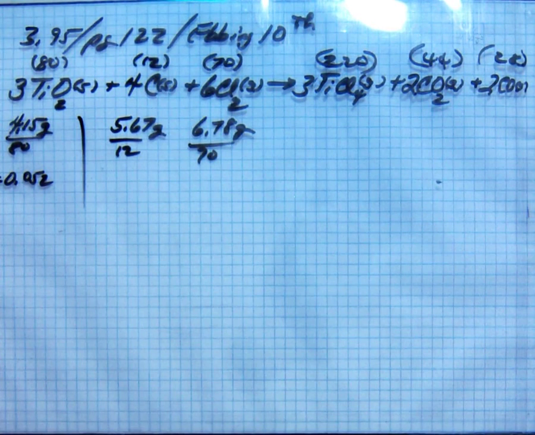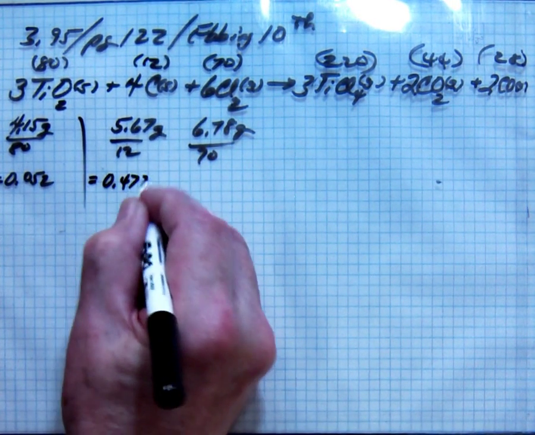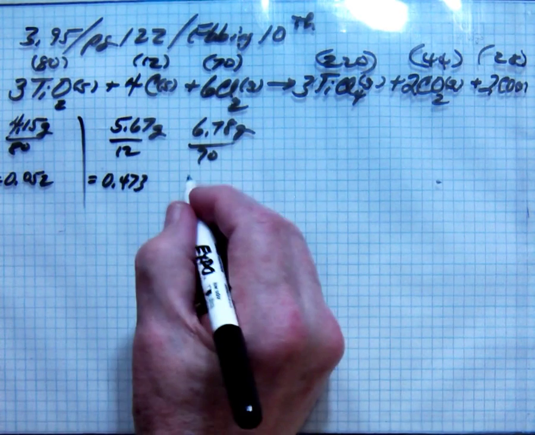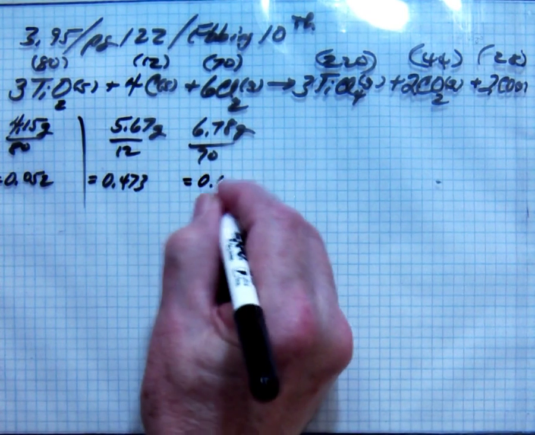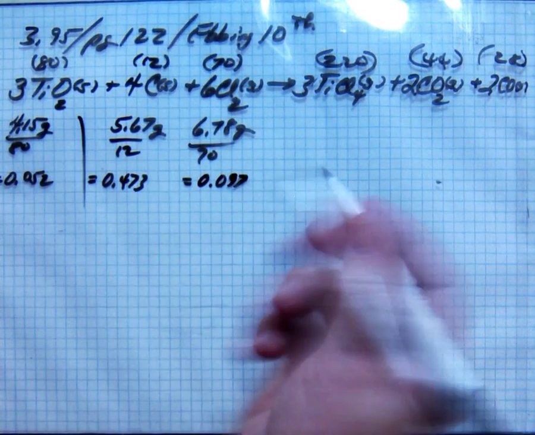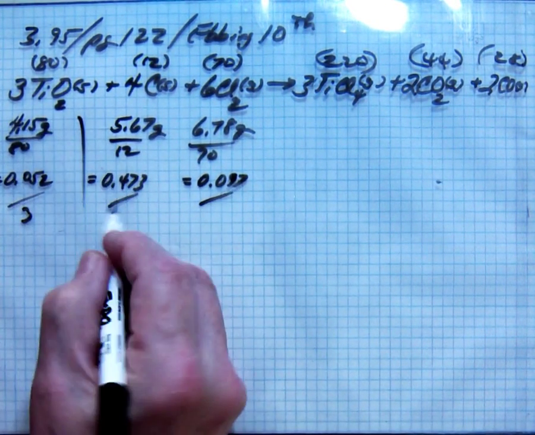And 5.67 divided by 12. 0.473 mole. And this is 6.78 divided by 70. And that's 0.097 mole. And so then I'm going to divide each of these by the coefficients.